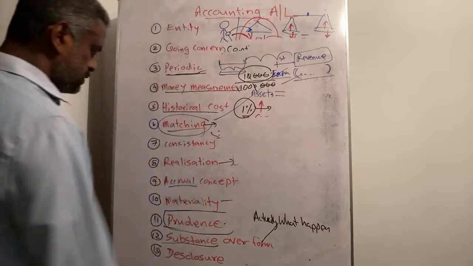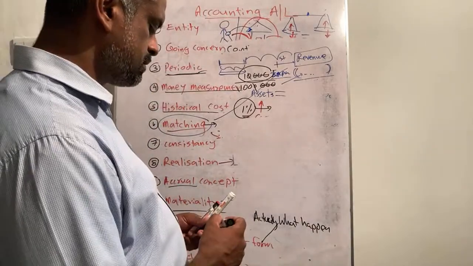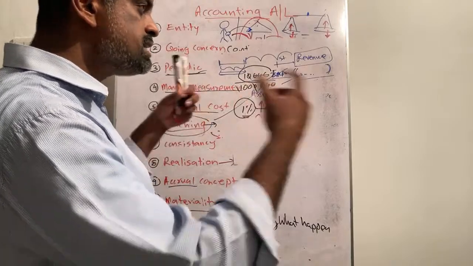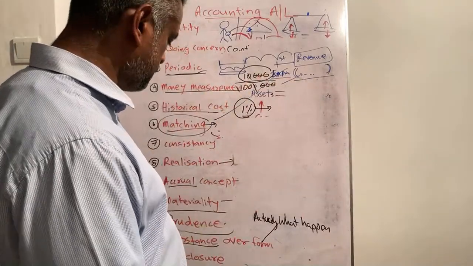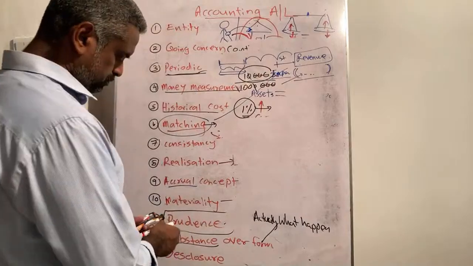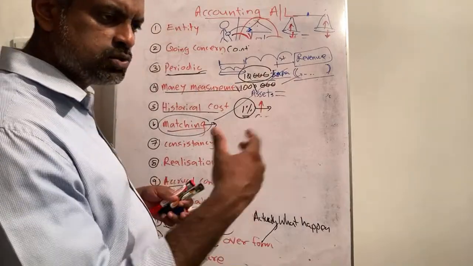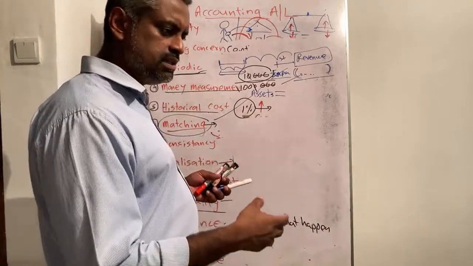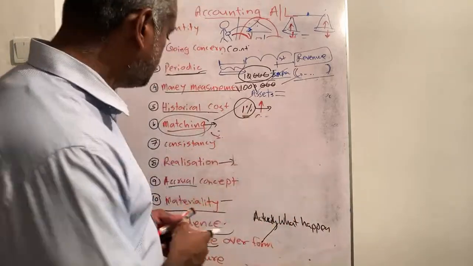Substance is the reasonability or whatever. For example, it's like this. This is basically applied to finance, lease, and leasing concepts, right?